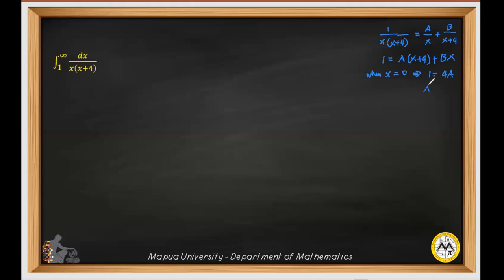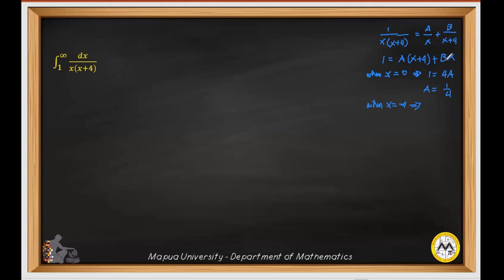Therefore, this gives us the value of a, which is equal to 1 over 4. And the other value of x that makes the denominator 0 is x equals negative 4. So when x is equal to negative 4, the first term here is 0 since negative 4 plus 4 is 0.